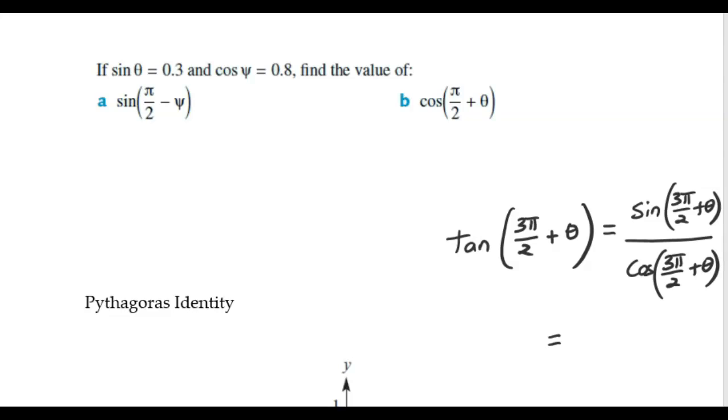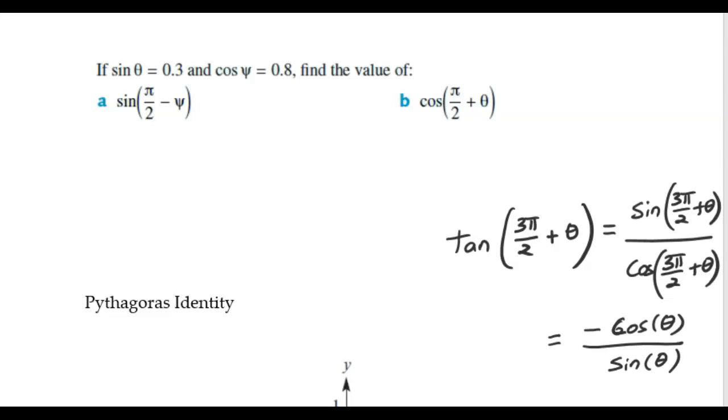Now we're going to deal with sine and cos individually. 3 pi on 2 plus theta is an angle in the fourth quadrant, and sine is negative in the fourth quadrant, so that's going to be equal to minus cos theta. And cos of 3 pi on 2 plus theta, fourth quadrant, cos is positive, so that answer is going to be equal to sine theta.